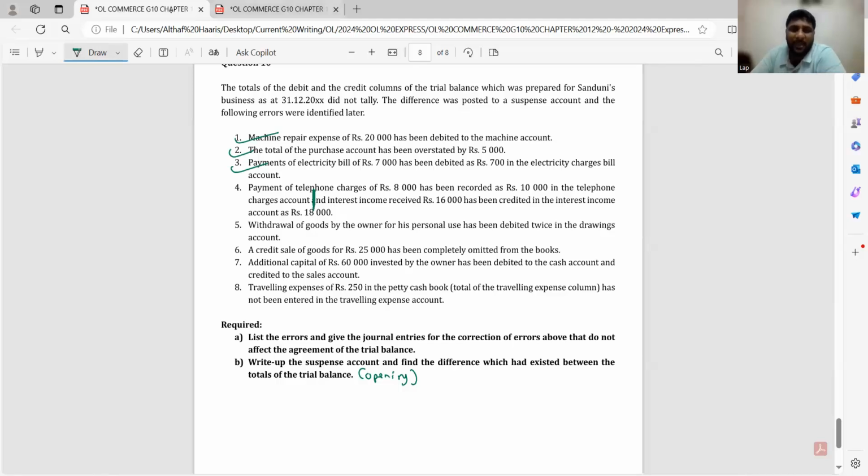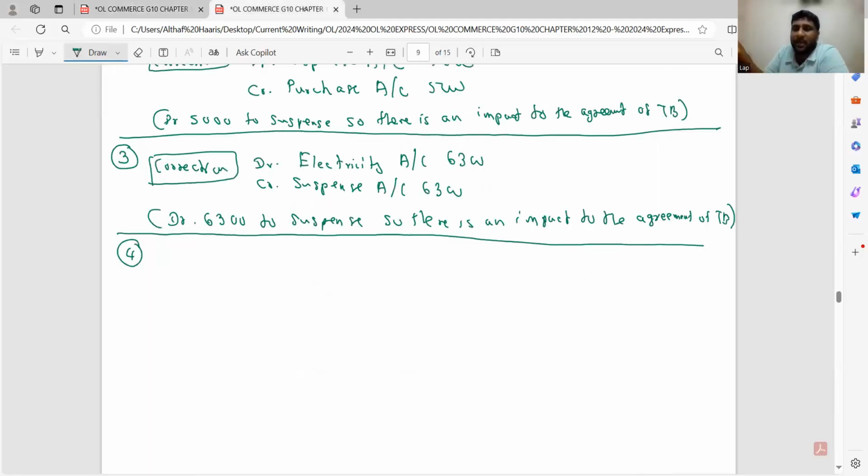So people, everyone tell me, 8,000 recorded as 10,000. Did you record more or less? More means overstated. So should the correction happen to the same side or the opposite side? Opposite side. Credit. Original telephone is debit, so here it is credit.